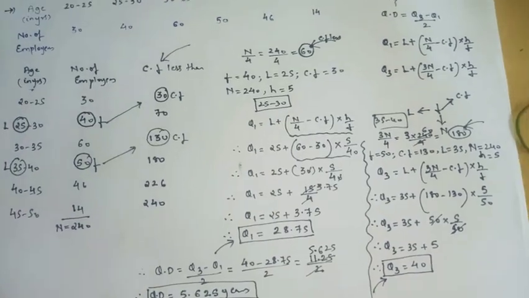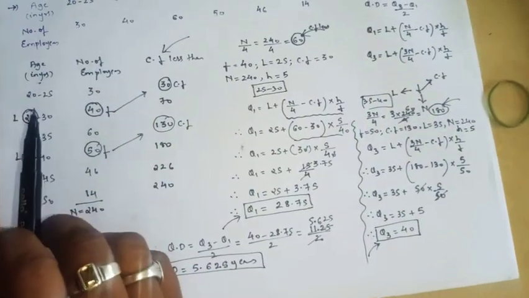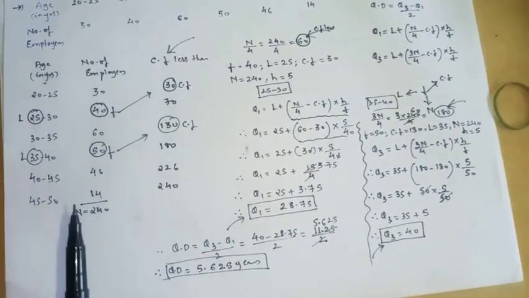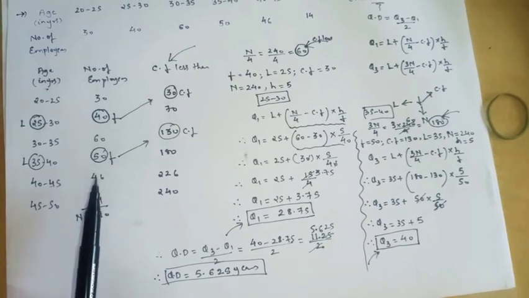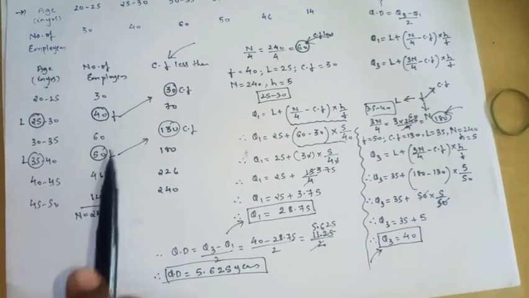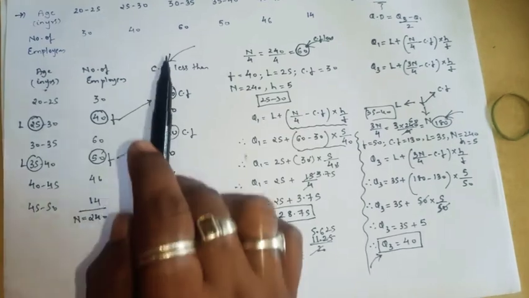Okay, so once again I will explain. First we have to prepare the table with respect to class, frequency and cumulative frequency. I hope you all know how to prepare the table.